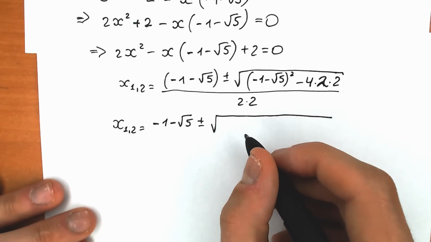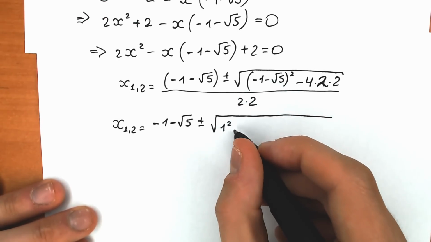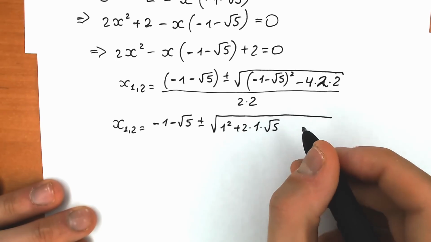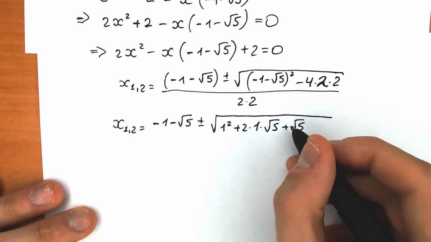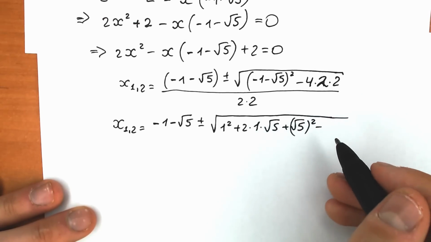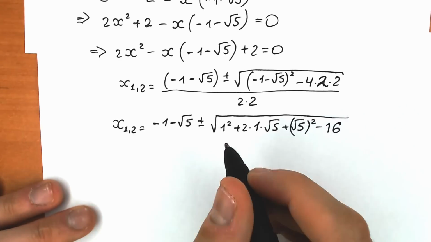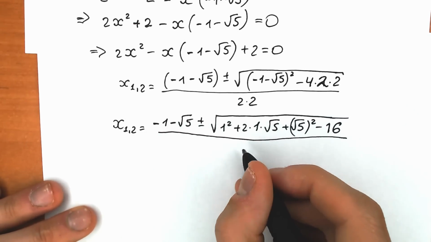We will have 1 squared, this is our formula, 1 squared plus 2 times 1 times square root of 5 plus square root of 5 to the second power, so we square it. And minus, right here we have 4 times 2 times 2 equal to 16, minus 16. And we divide all of this expression by 4.